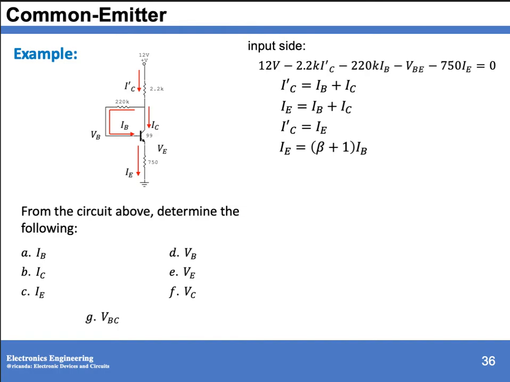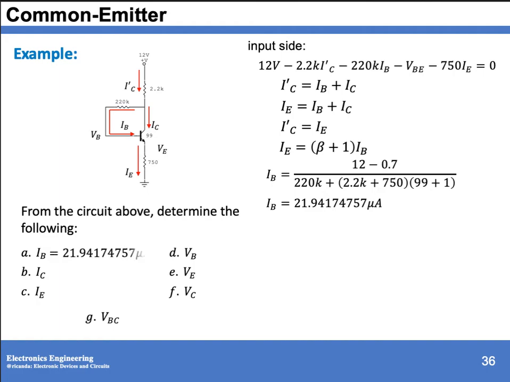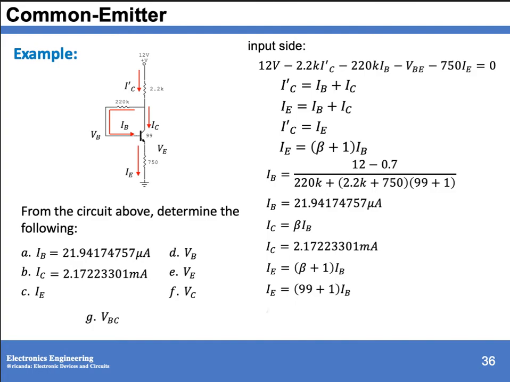So therefore, solving for your IB, we have 12 minus 0.7, that is your voltage base-emitter, all over 220k plus the quantity 2.2k plus 750 times 99 plus 1. So we have this IB, solving for your IC, and this is our IC, and solving for your IE, this is also our IE.